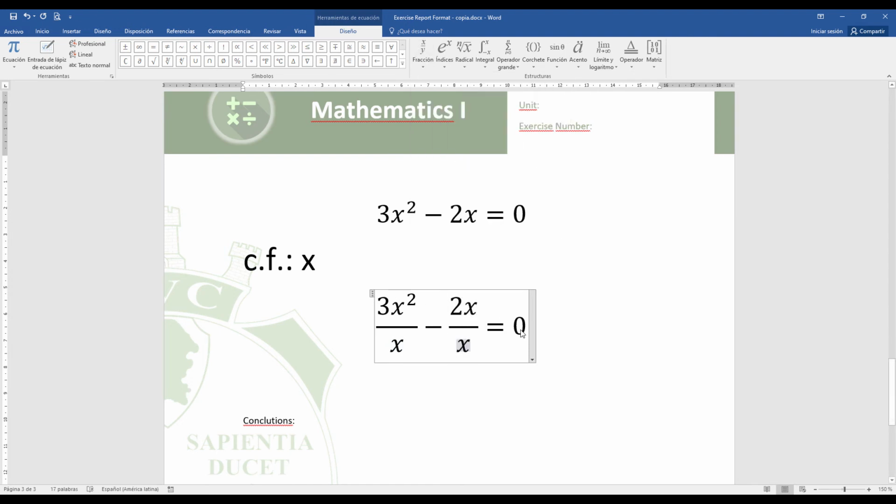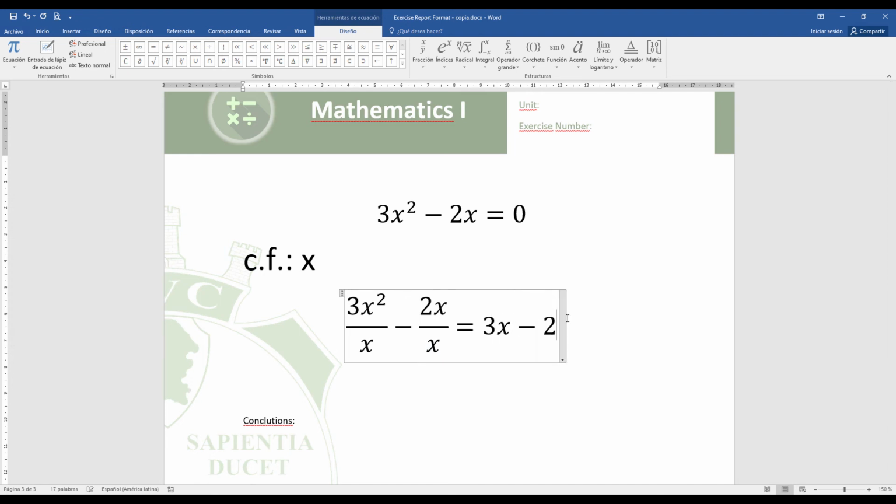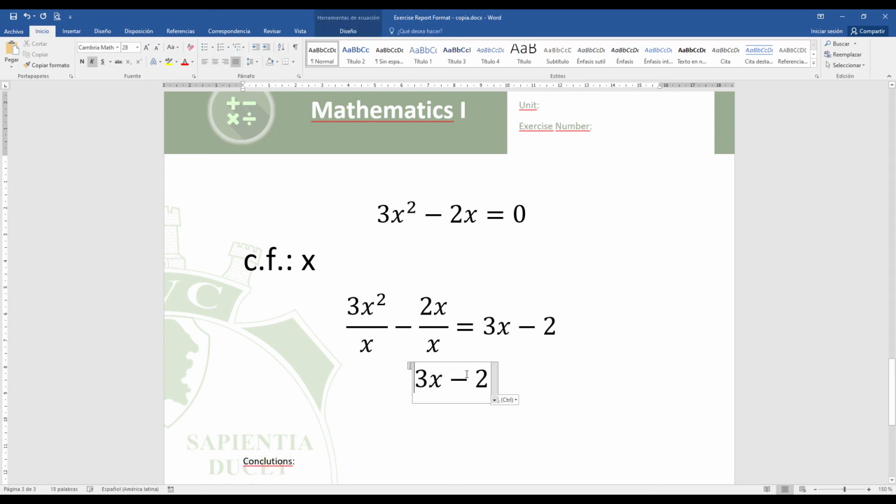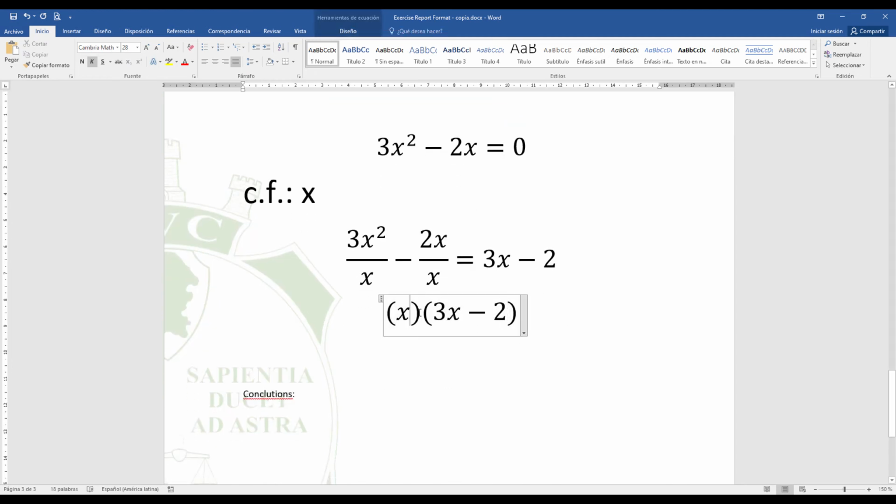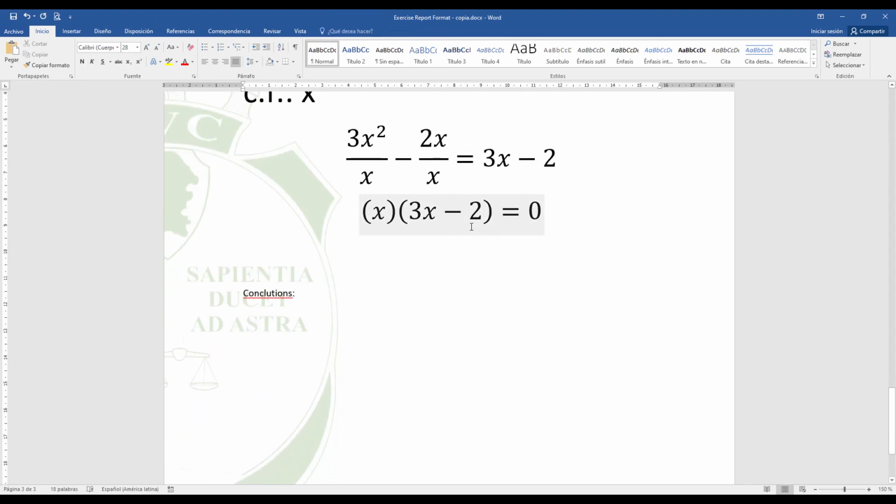The result of the division in that case is 3x minus 2. Remember, the factorization is the multiplication of the common factor by the result of the division. This equals 0, and now you need to separate every term.